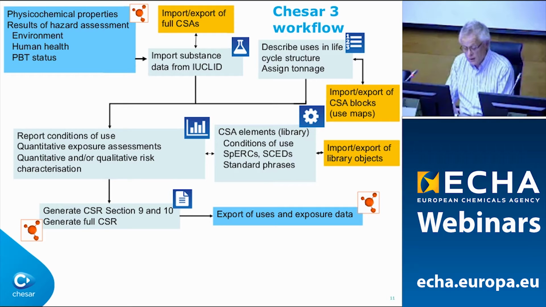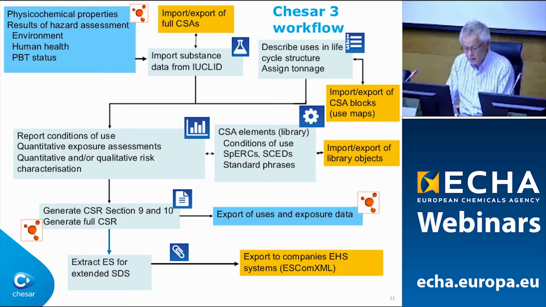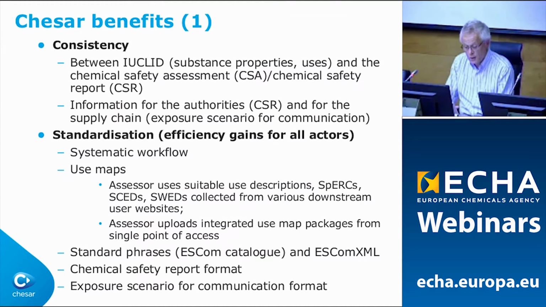And then the data are exported to IUCLID from here. The last is the extract of the exposure scenario for the extended safety data sheet. That's box 5, and from there it's exported to the company's EHS systems in an SCOM XML exchange format. So that's, in a nutshell, what Chesar can do.